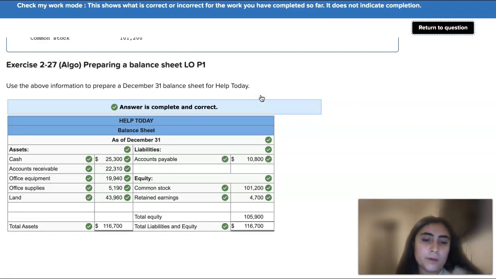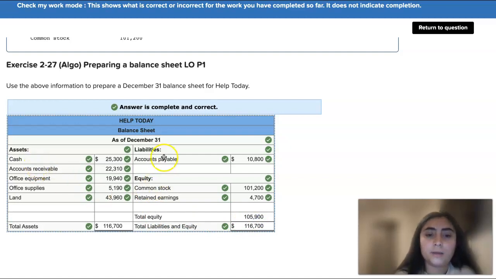The fun thing about the balance sheet is the equation. We can say that assets equals liabilities plus equity. We already have the liabilities plus equity, which is this amount of money, and the equation says that assets equals liabilities plus equity. It gives us the same.